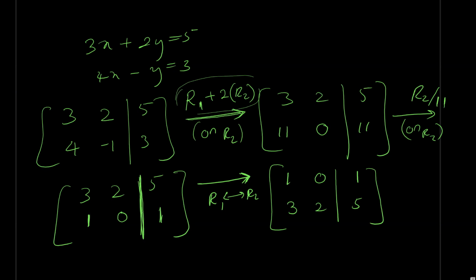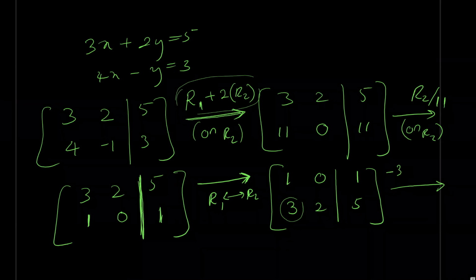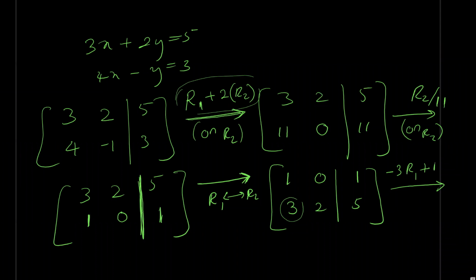Okay. Now at this point, I like to make this 3 disappear. I want that to be 0. So the easiest thing to do here is negative 3 times R1 plus R2 on R2, right? Again, these operations are not unique. Different people might have different operations, but the answer should be unique.